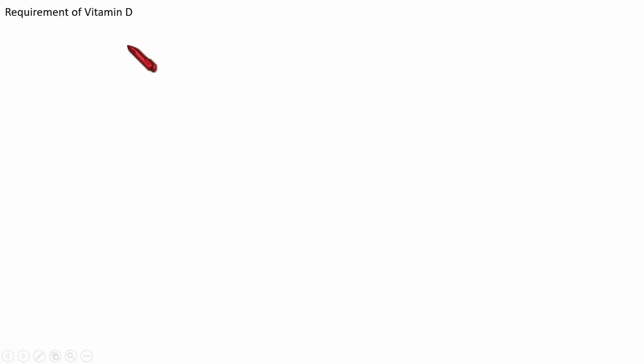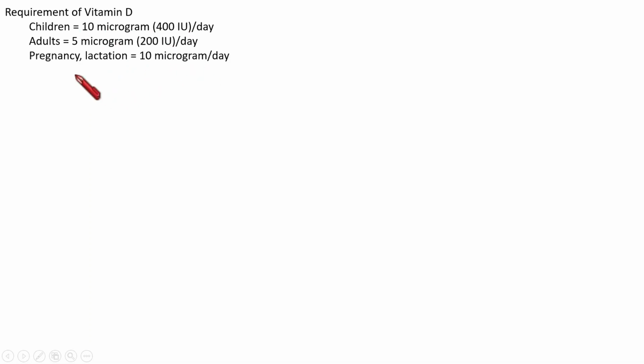Next, we are going to understand about the requirement. What is the normal amount of vitamin D that we need for our body? In the case of children, it is 10 microgram or 400 international unit per day. In the case of adults, it is 5 microgram, that is 200 international unit per day. In the case of pregnant or lactating women, the amount is slightly higher, that is 10 microgram, like in children.